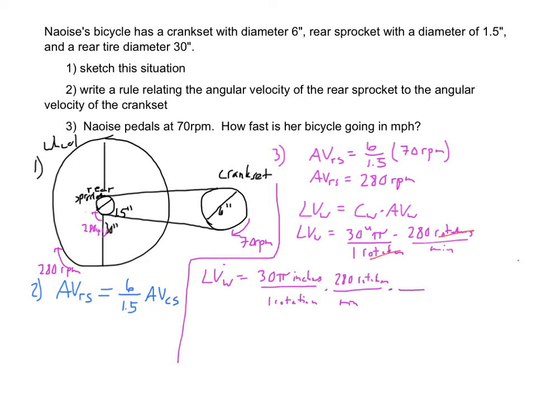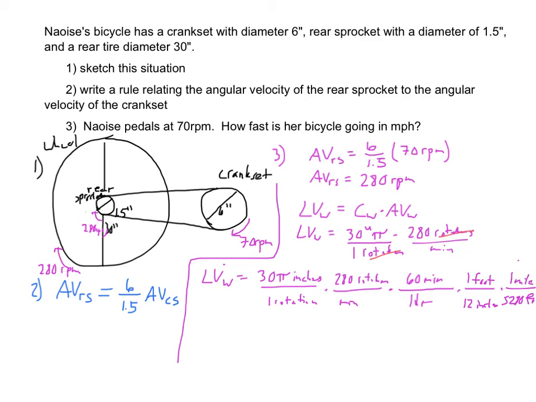Alright, so those rotations are going to cancel as we talked about. There are 60 minutes in 1 hour. And this is going to get me to the hours, so that's good. And then I have inches on top here, so I'm going to have to put inches on the bottom. There are 12 inches in 1 foot, and there are 5,280 feet in 1 mile.